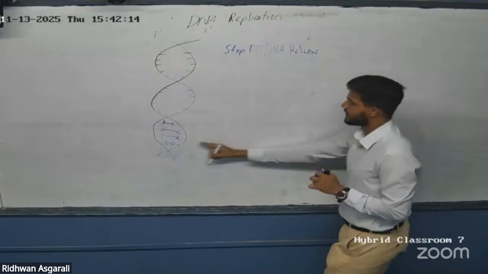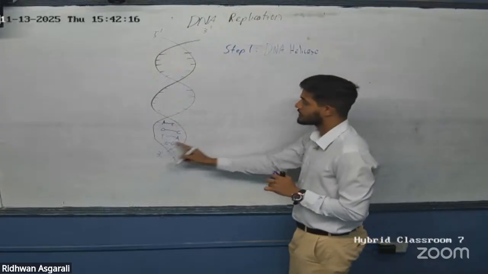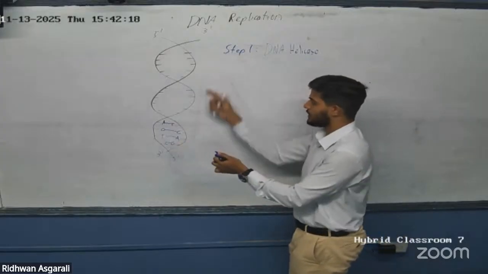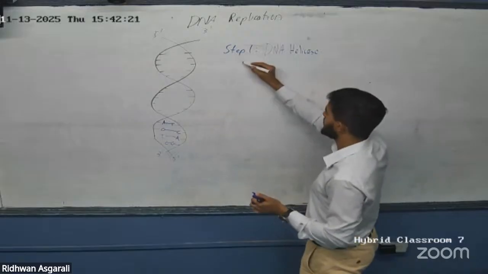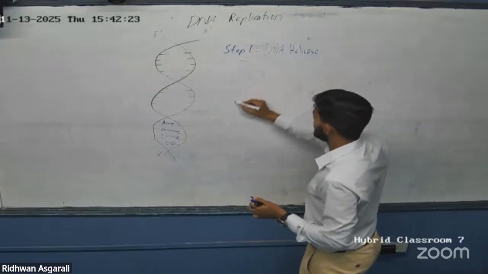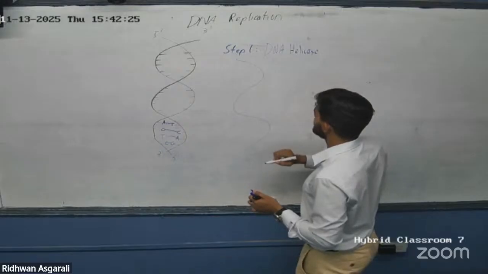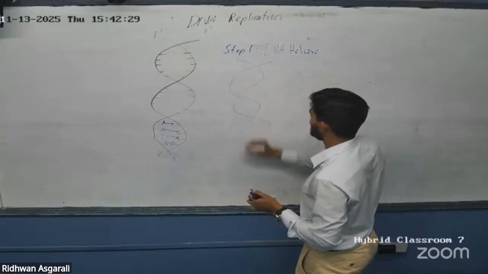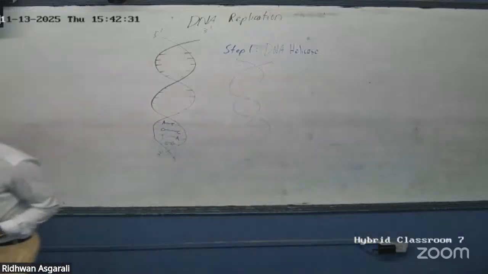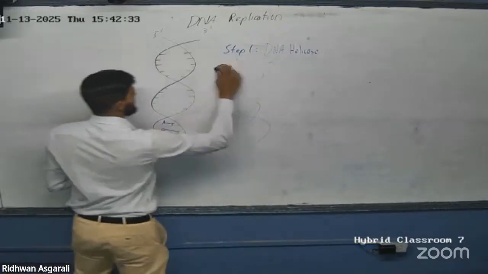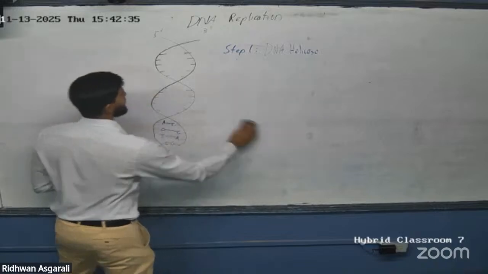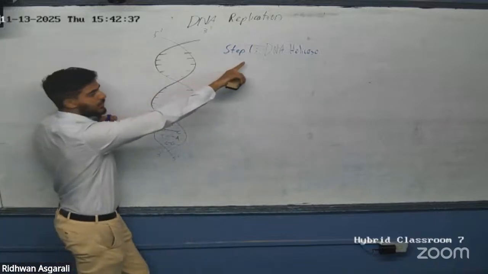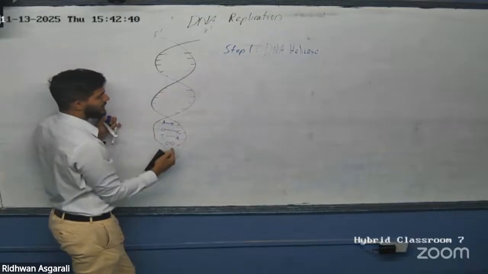DNA helicase comes in and breaks these hydrogen bonds, and that allows the double helix to open. The DNA strand.